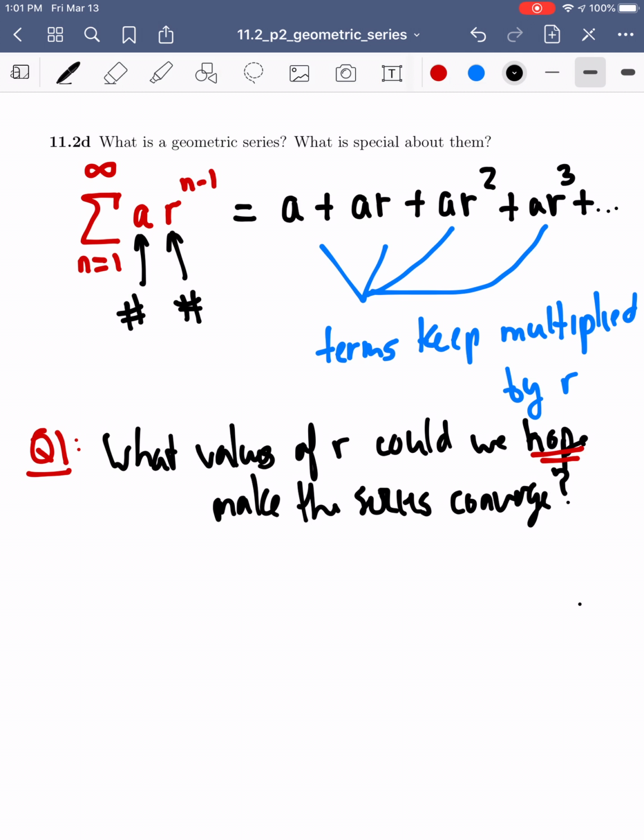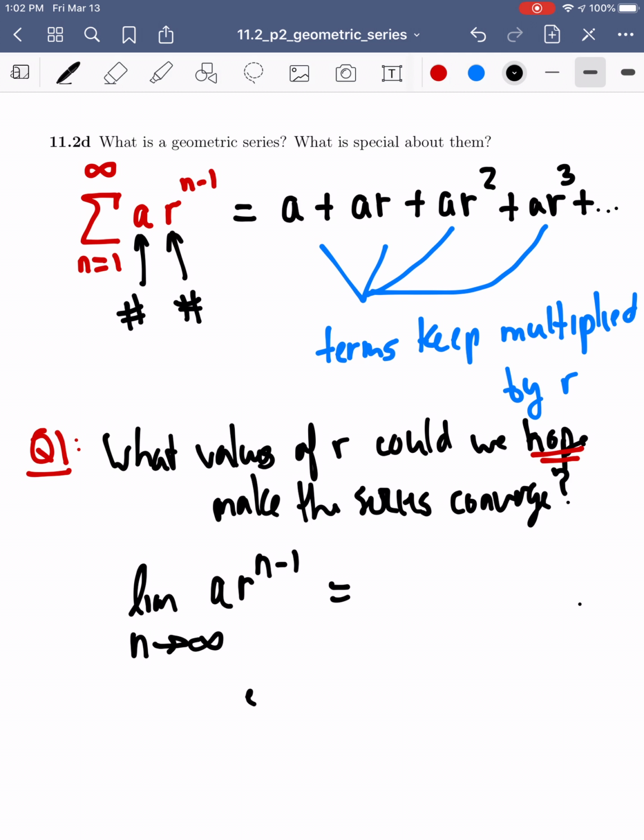So if we apply the test for divergence, we take the limit as n goes to infinity of the series generating function, this a times r to the n minus 1. And what we actually can tell is if r is any number less than 1 in absolute value.